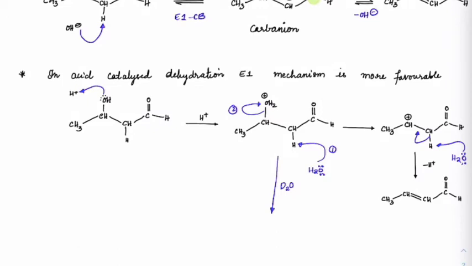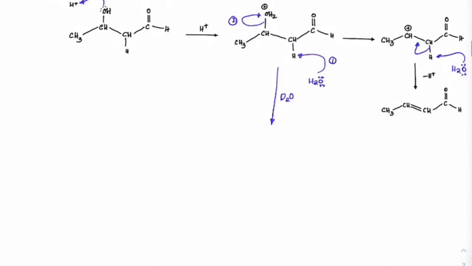How does it happen in E2? E2 means these two steps are happening simultaneously. But whether it is E1 or E2 is difficult to discuss. One case where we can pretty much say it is E1 is if you have CHOH and this carbon, the beta carbon, is at the tertiary position, the third degree position. Then we are pretty much sure that this is going to happen through E1 only.